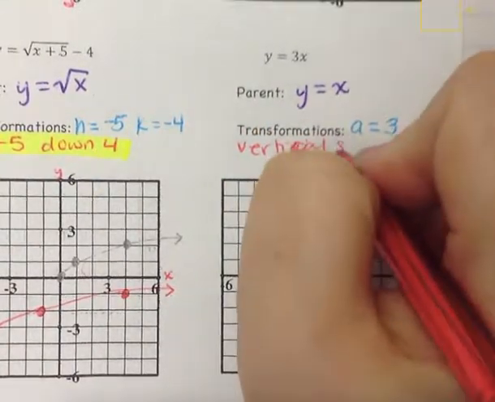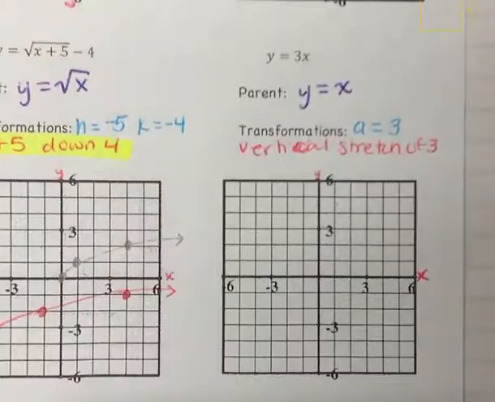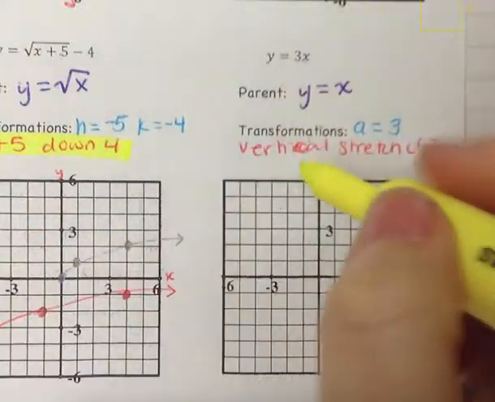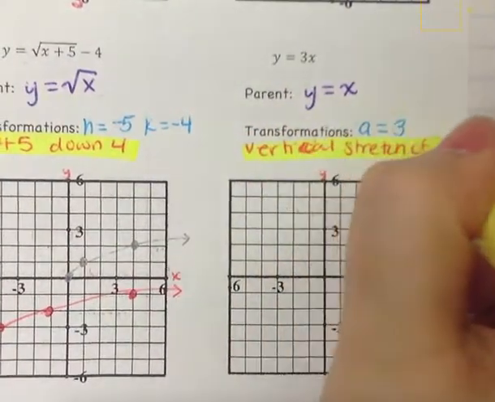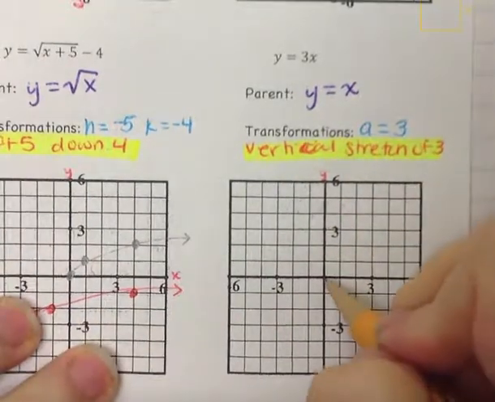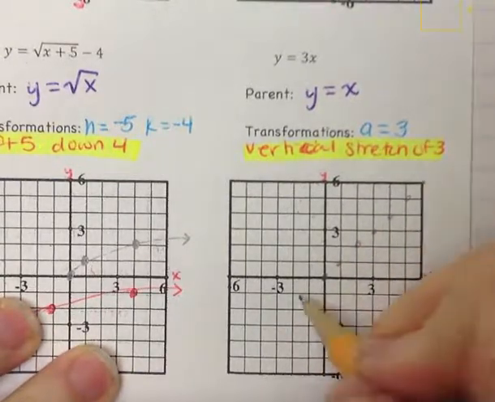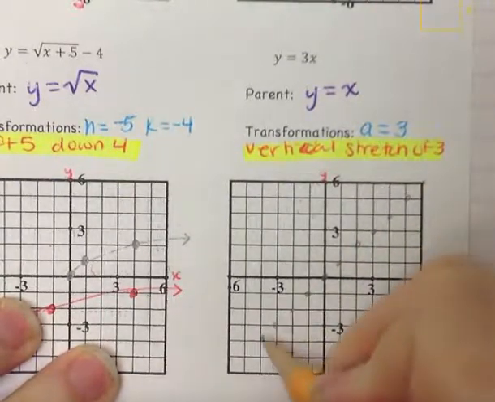It's a vertical stretch of 3. And again, it's vertical because it's multiplying the y values, not the x values. The parent function is going linear with a slope of 1 going through 0, 0.